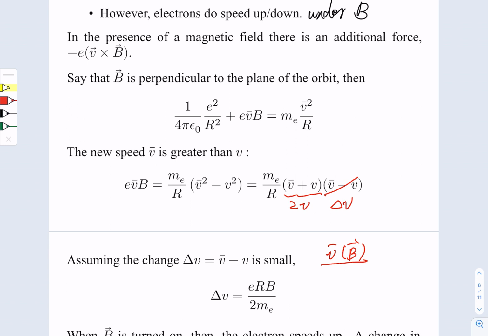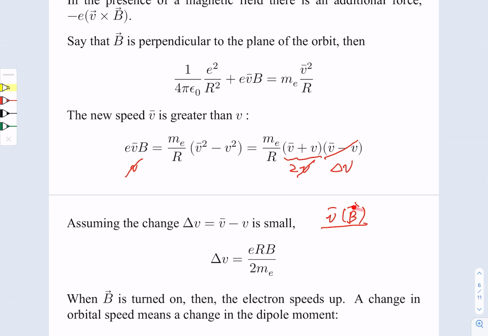But in order to cancel with the other side, you have to use 2v bar. Yes, sure, you can also replace this v bar by v, right? Then you simply cancel out the v bar with the v here. Then you can see that delta v is simply proportional to the magnetic field B, right? But you can always brute-force solve v bar as a function of B, and then do a Taylor expansion of your solution. That will give you the exact same thing.